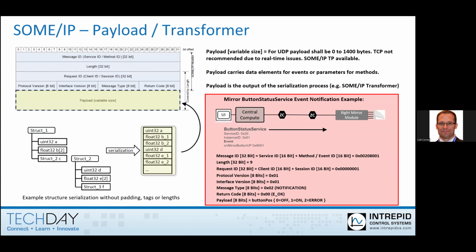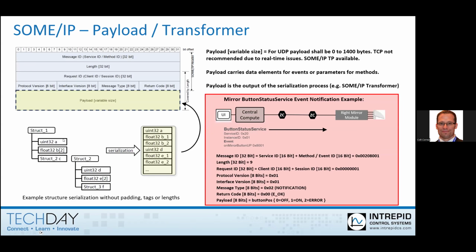So now let's talk about a transformer. We did just discuss a payload. If we are sending data over, as I mentioned, we can have nested structures, arrays of structures, arrays, any type of complex data that you want. It could be any length of data, 32-bit, 8-bit, floating, signed, unsigned, all these things.